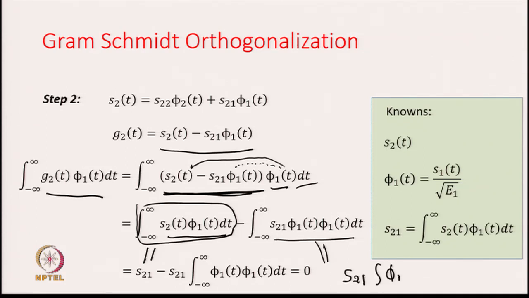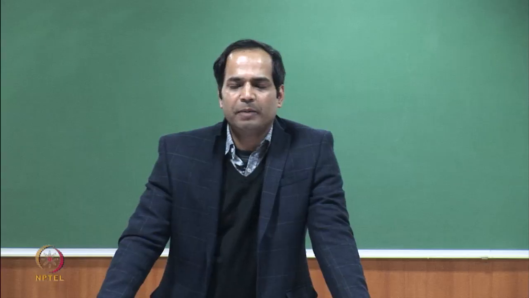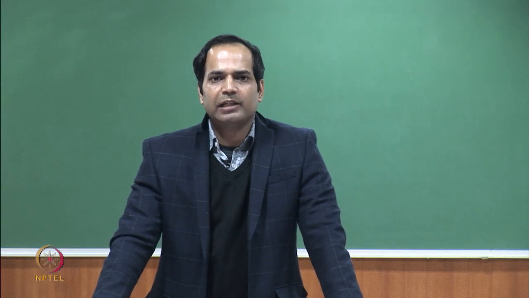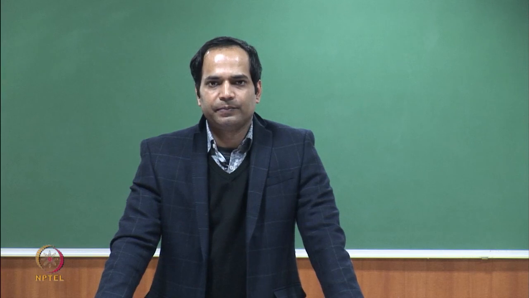So, what we will have is, because this phi 1 t is orthonormal, its energy will be 1. So, this quantity is 1. So, what we will have is s 2 1 minus s 2 1, and this is 0. Okay. So, we have proved that g 2 t is perpendicular or orthogonal to phi 1 t.